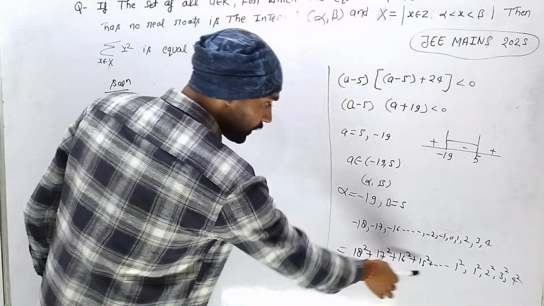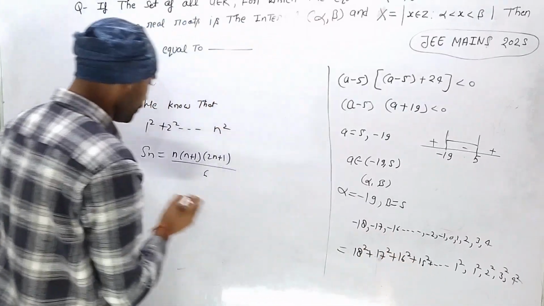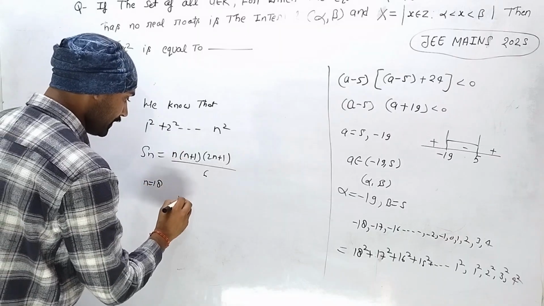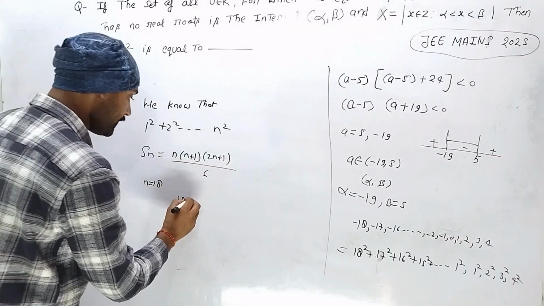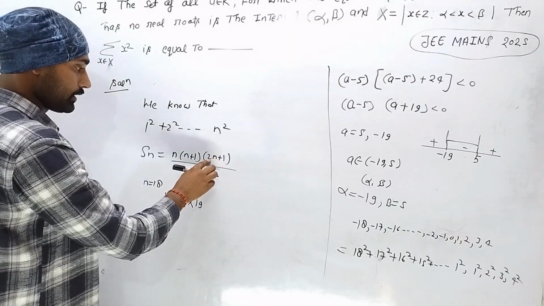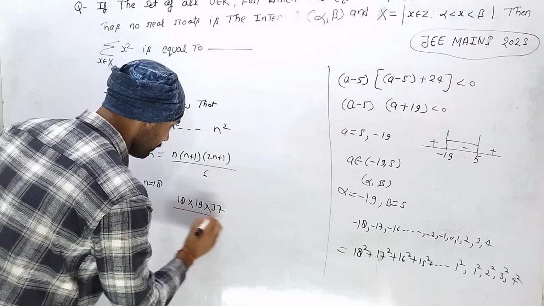Here the number of terms is 1 to 18, so n equal to 18. Put here 18, and 18 plus 1 is 19, and here 2 times 18 is 36 plus 1 is 37, over 6.